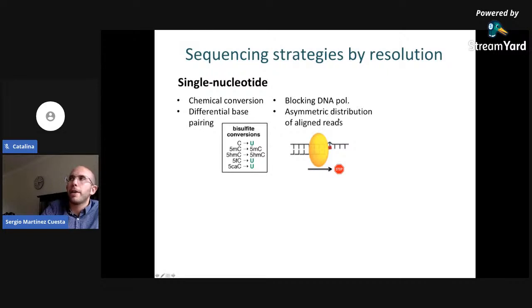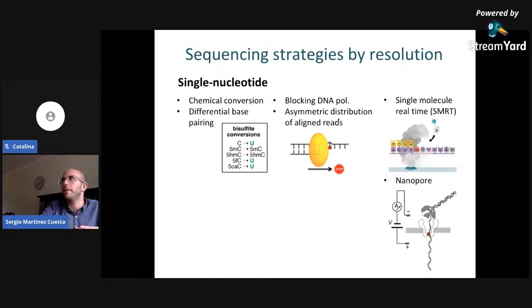There are other methods that rely on, if you like, stalling of DNA polymerase. Sometimes you have bulky modifications that make the polymerase stall at that position. And then by looking at pile-ups and this asymmetric distribution of aligned reads, you can also detect these modifications.